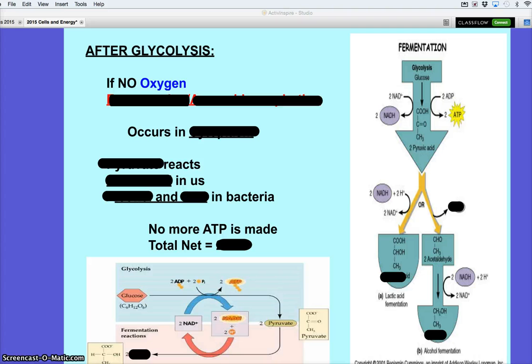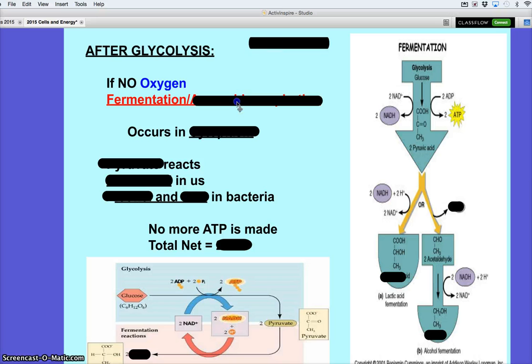So glycolysis went into aerobic respiration, which takes place in the mitochondria because oxygen was around the cell. When oxygen is not around the cell, the rest of cellular respiration doesn't happen. It's a process without oxygen. What do you think it's going to be called? Anaerobic respiration, which is also known as fermentation.